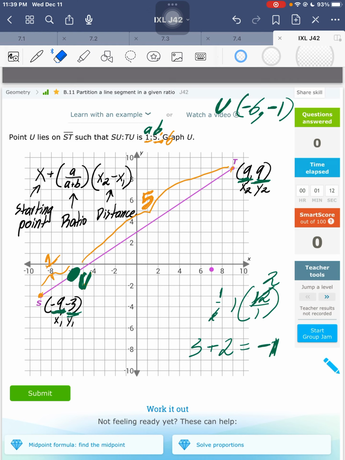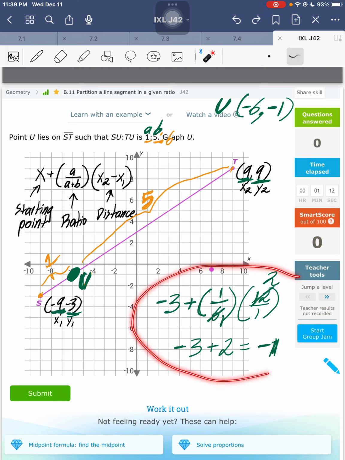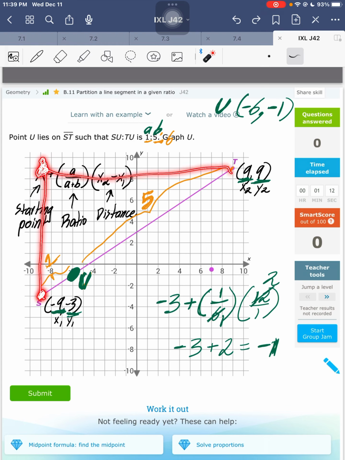Now, the reason why this is the way it is: I want to find out my whole distance. Let's just look at my y because it's already right here. My entire distance from the y coordinate of my S to my T is all of this.